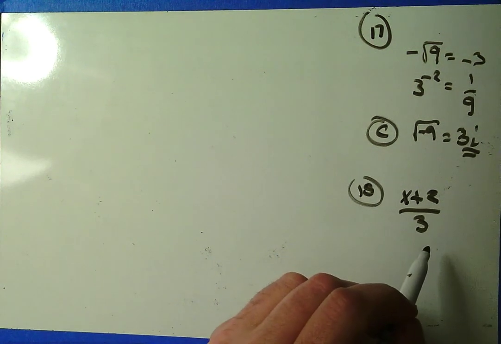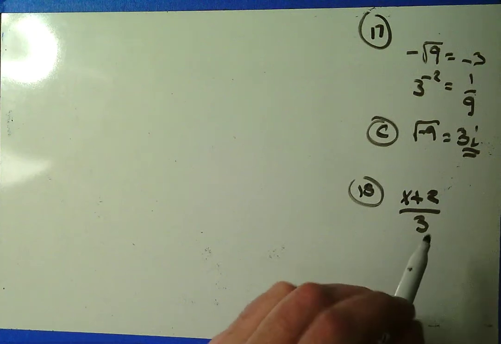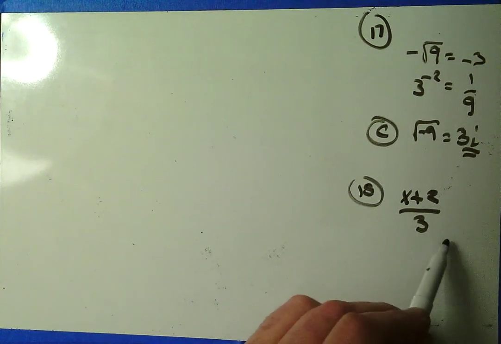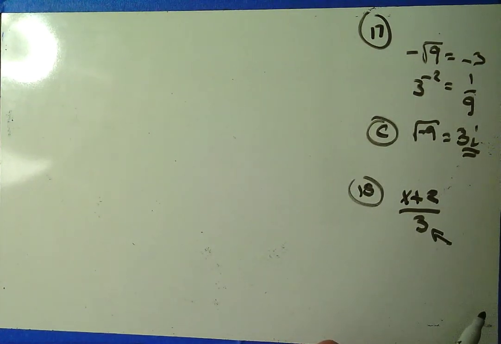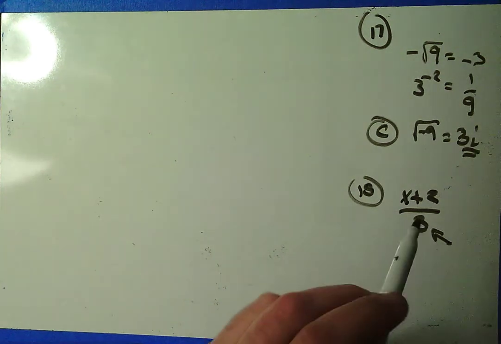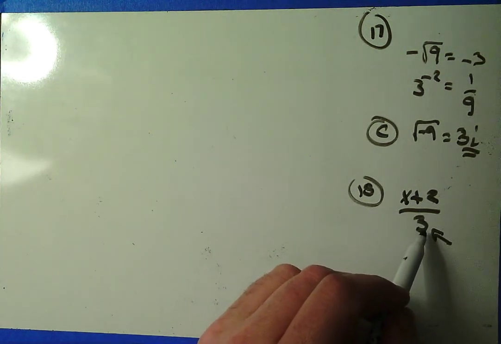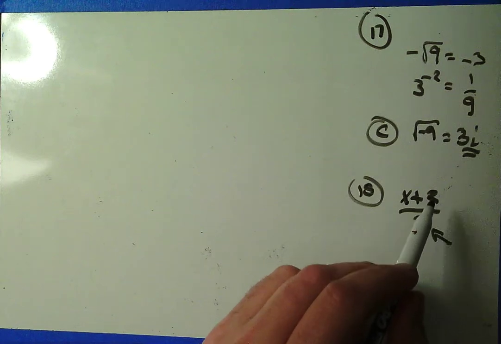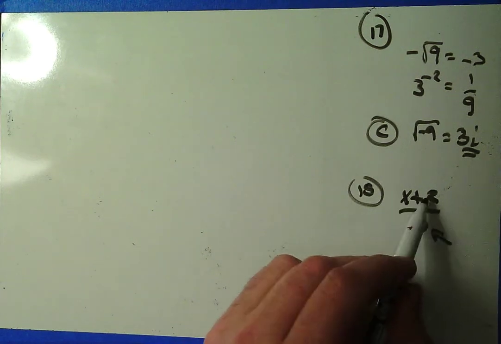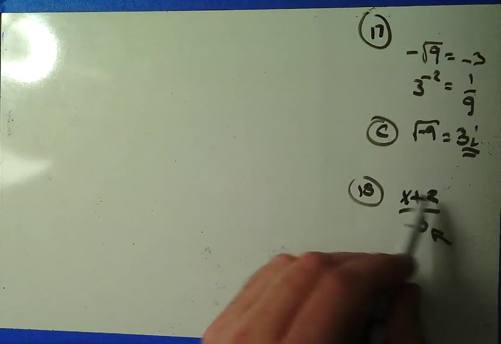Well, if I think about an integer, that means it can't be a fraction, which means it has to be divisible by 3. So I'm thinking of a number that's divisible by 3 after I add 2 to a number.